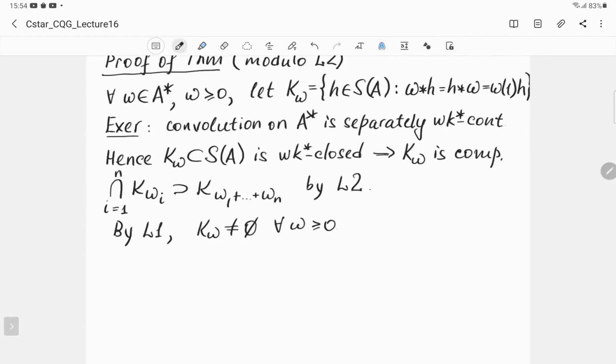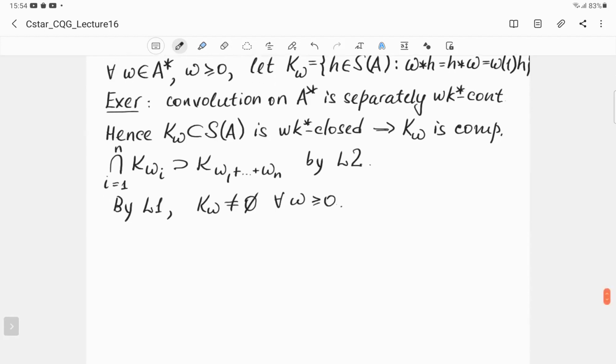So we see that what we've just constructed, namely the family of sets k omega, is a family of compact sets with the so-called finite intersection property. So any finite intersection is non-empty. And a standard result from general topology implies that the intersection of all these sets, over all positive functionals omega, is non-empty.